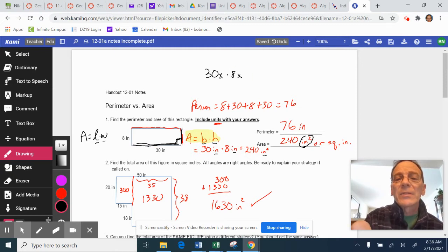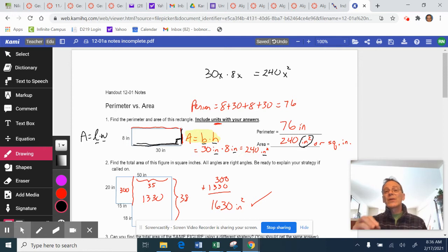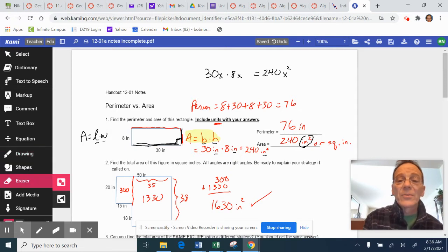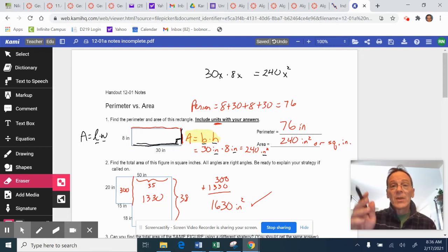You'd multiply the 30 times 8 and get 240. You'd multiply the x times x and get x squared. So that's where inches squared, or square inches, which is a perfectly acceptable way to say that also, comes from: multiplying the inches unit in one dimension by the inches unit in the other dimension.